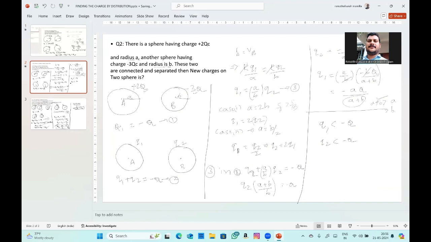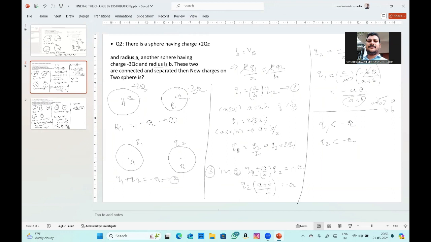This is another model with different radii, but the process is the same. First, find the initial charge, which is minus Q. Final charges after contact and separation: the charge residing on A is Q1 and on B is Q2. Then Q1 plus Q2 must equal minus Q, because the final charge is equal to the initial charge. That is equation 2.